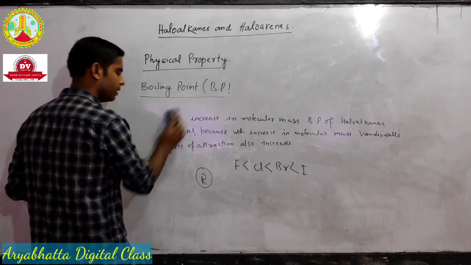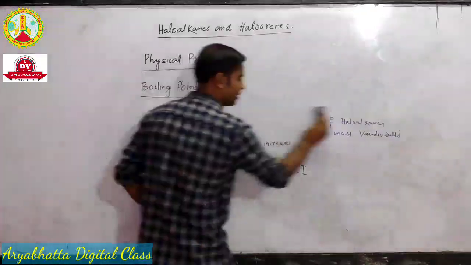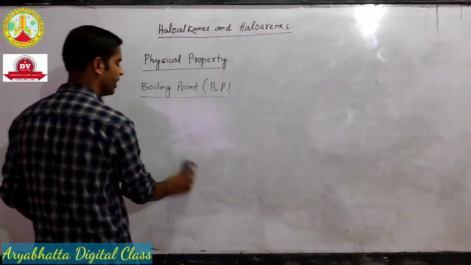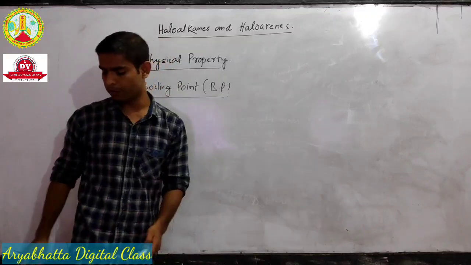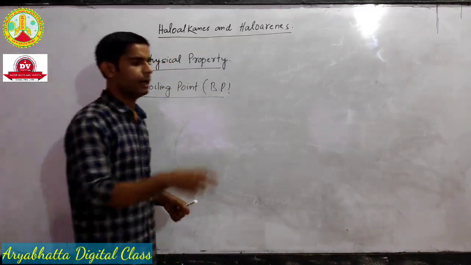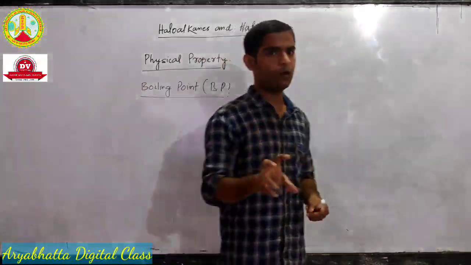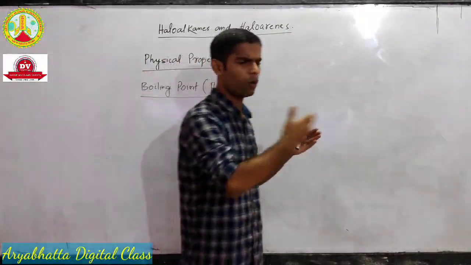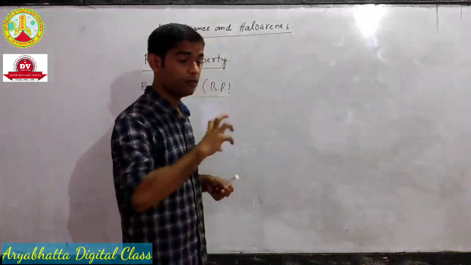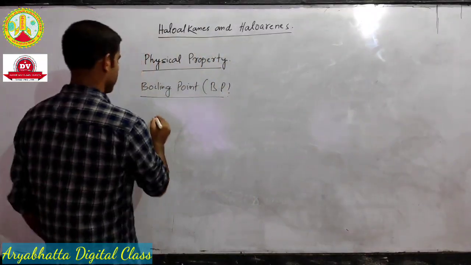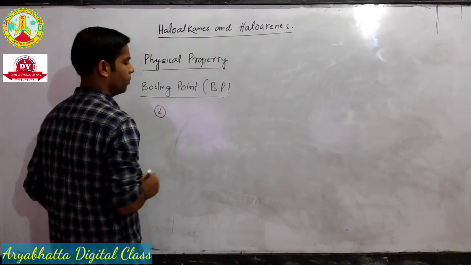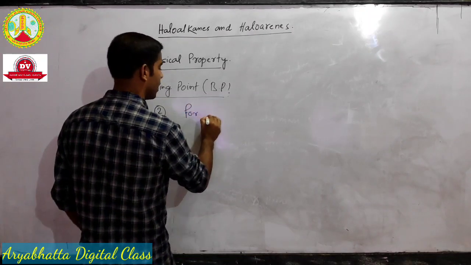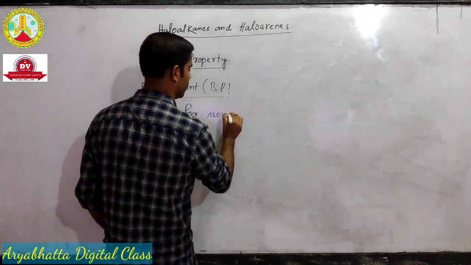Now we will see another case, related to R. Suppose we take different alkyl groups and the same halogen, that is, fluorine in all the cases or chlorine in all the cases, and we change the R. In the second case we discuss isomeric haloalkanes, mind it.